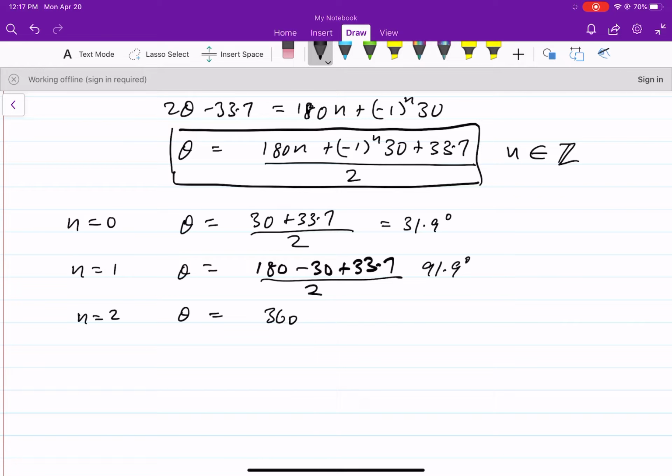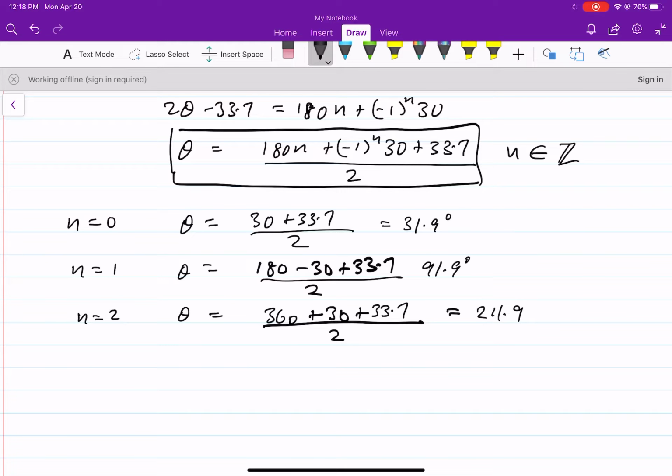Minus 1 squared, that's a positive 1, so this is plus 30, and then plus 33.7 divided by 2. That's 211.9.